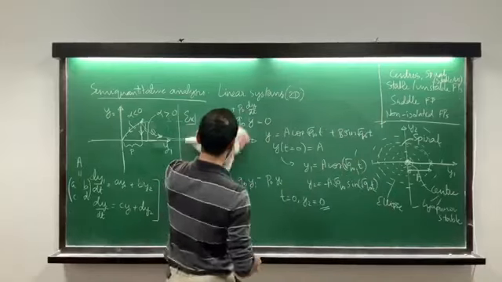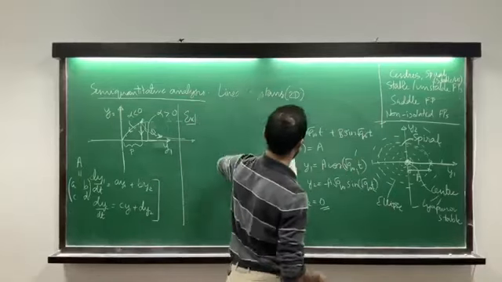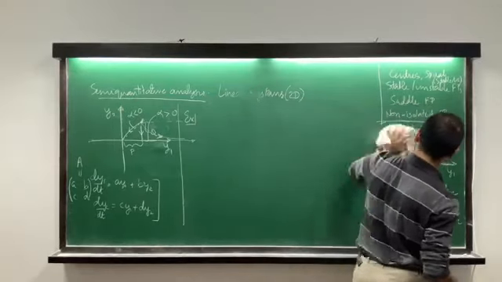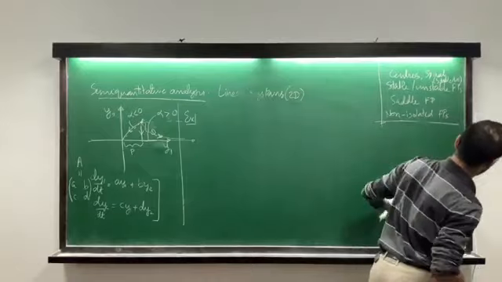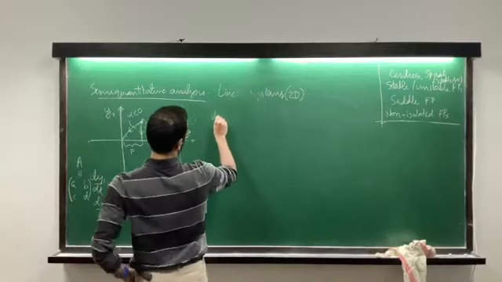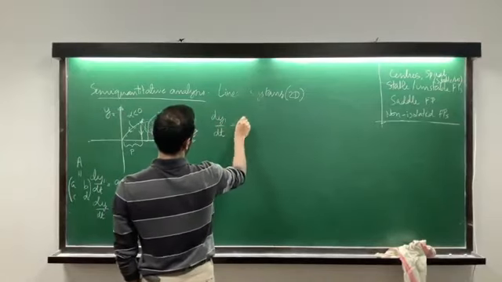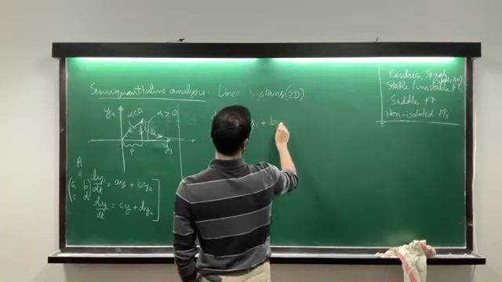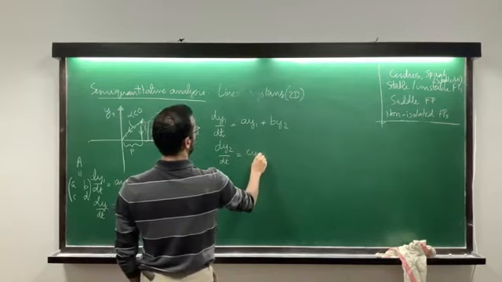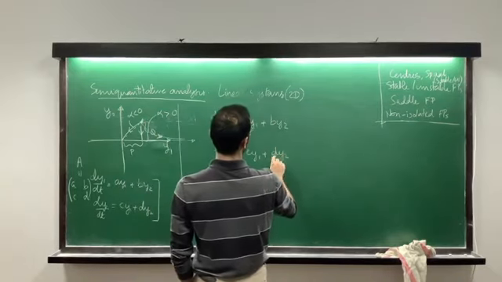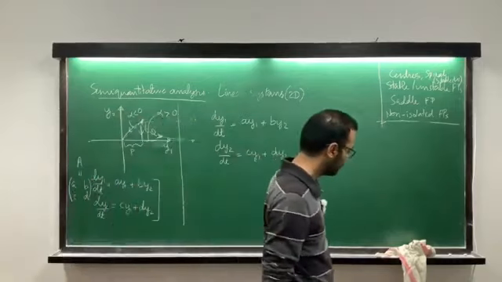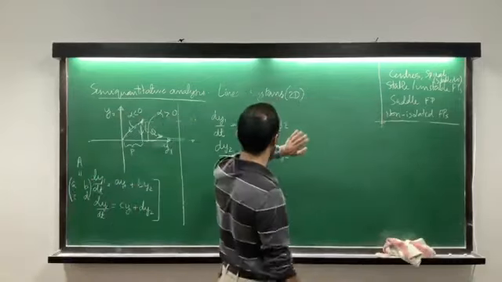That's the next question you want to ask. And for that, the idea builds on the eigenvectors and eigenvalues that you probably learnt in linear algebra. So let me put this system down here: dy1 by dt is a y1 plus b y2, and dy2 by dt is c y1 plus d y2.